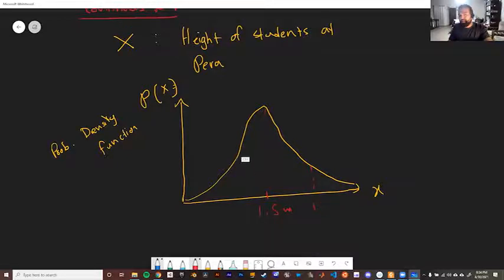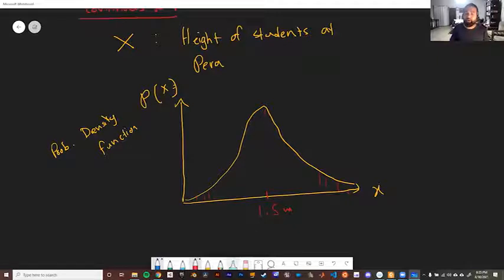The reason we get a distribution like this, what we call a Gaussian distribution, is because obviously there will be only a few people who are really tall and only a few people who are really short. If I come to Peradeniya and measure everyone's heights, we'll most probably get a Gaussian distribution like this. Most people will have an average height, and that's why we call it the mean or the average.